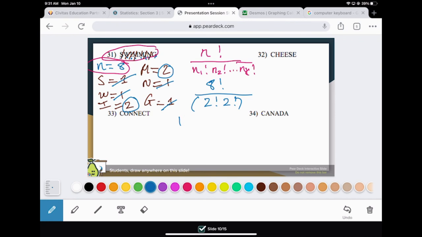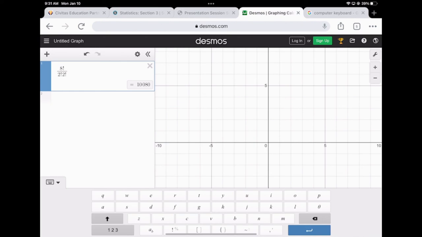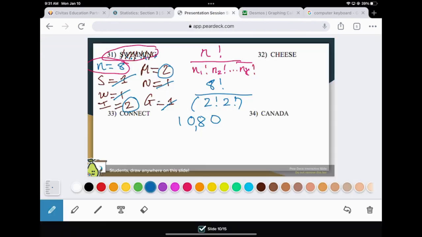Sorry, not 10,000. Yeah, 10,080. Okay. So this is permutation for word problems.